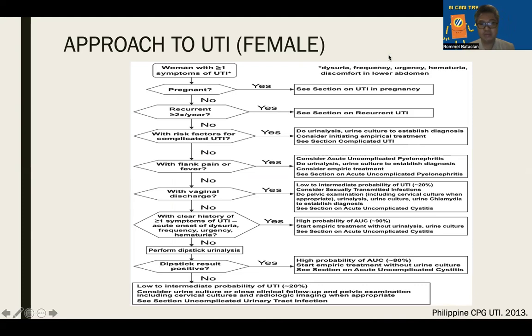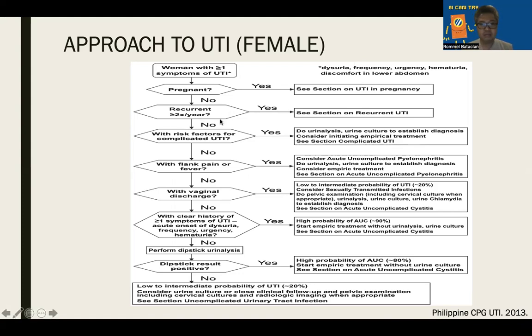But it's very important, the presence of symptoms: dysuria, frequency, urgency, hematuria, and discomfort in the lower abdomen. So if the female has one of these symptoms, the first consideration would be, is the patient pregnant? If yes, we won't discuss the treatment in pregnancy. That would probably be for the OB/GYN department.